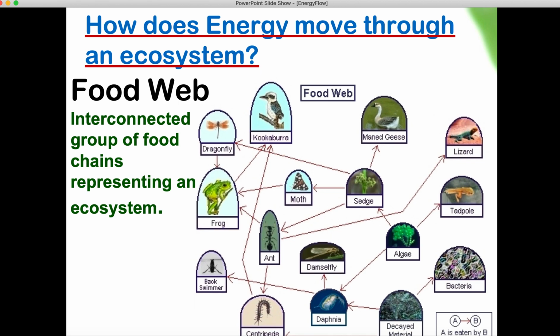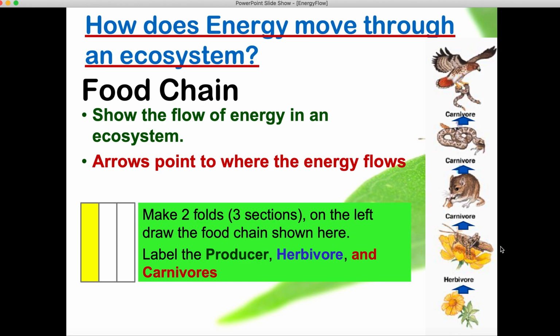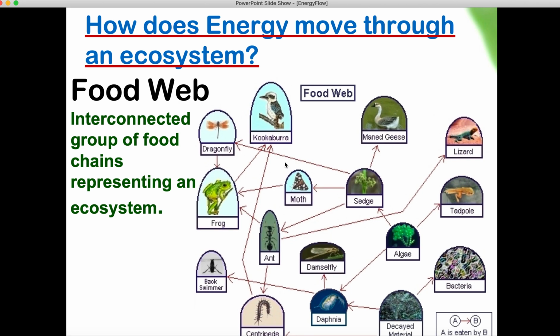Now, when you have groups of interconnected food chains, we get what's known as a food web. Think of a food web this way. The grasshopper is not only going to eat this plant, it's going to eat other plants. The mouse is not only going to eat this grasshopper, it's going to eat other animals. So the food web shows the multiple species that eat other plants or other animals.